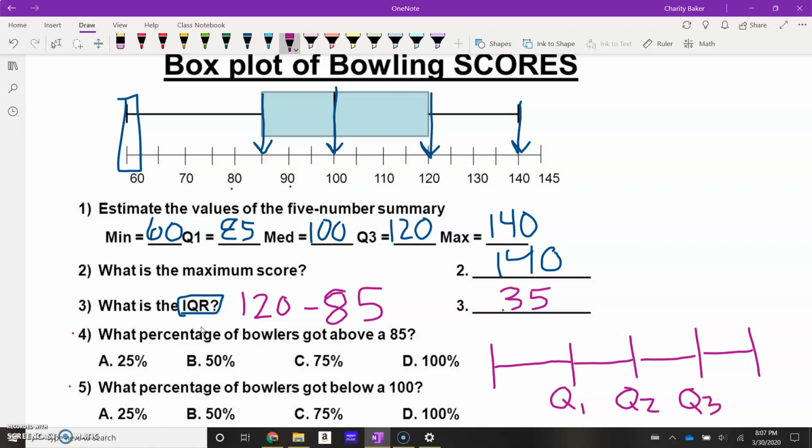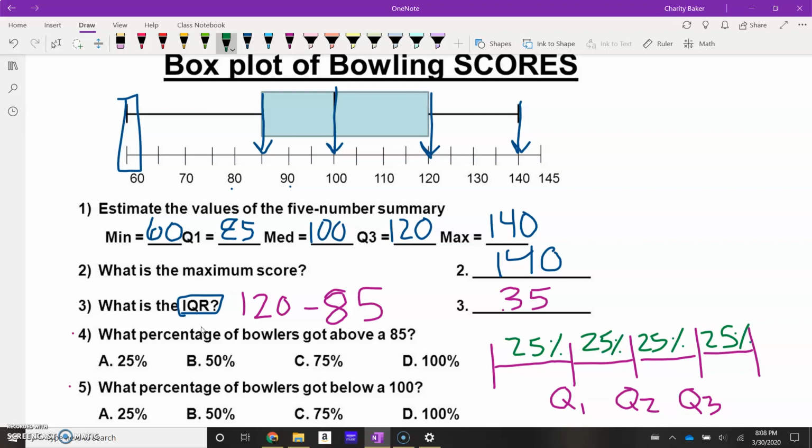Okay, so each one of these pieces is exactly 25%. So each of the 4 pieces is 25%, just like the diagram at the top of the screen.